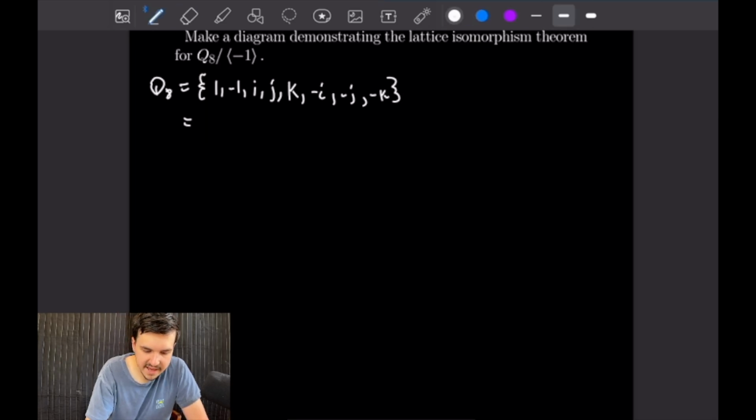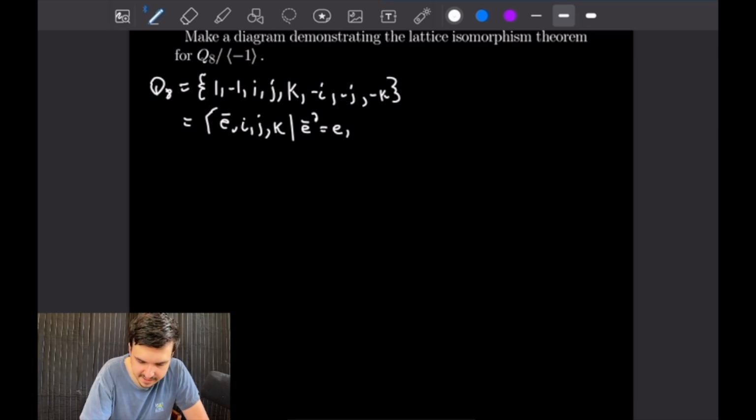Q8 is generated by the elements, let's call them the identity E bar, i, j, and k, with the following relationships: E bar squared is equal to E, and i squared equals j squared equals k squared equals ijk, which is equal to our identity element E bar.